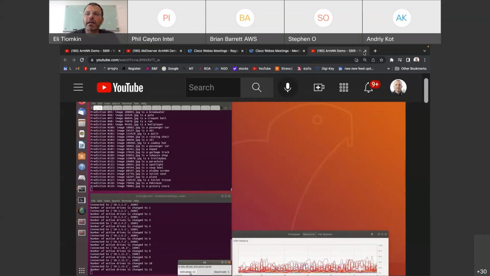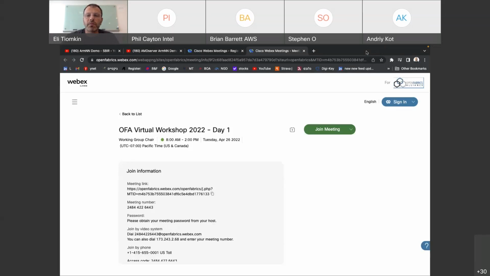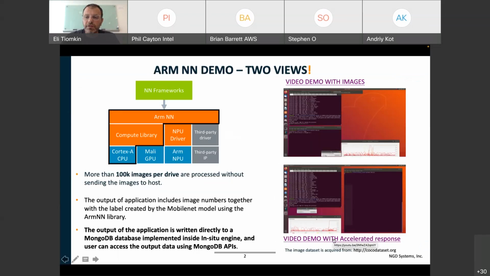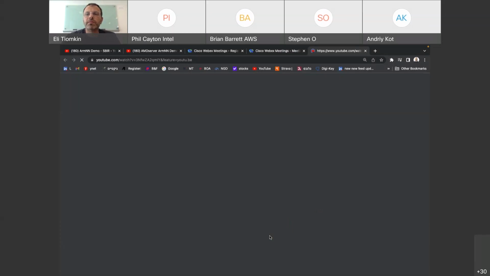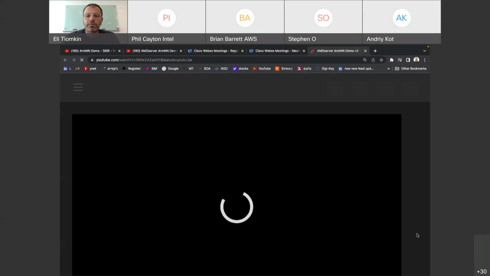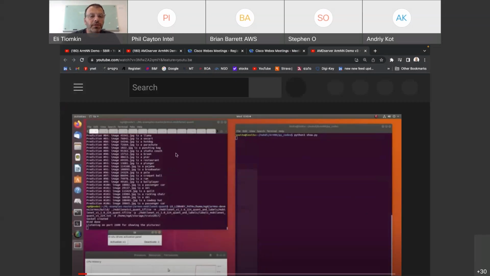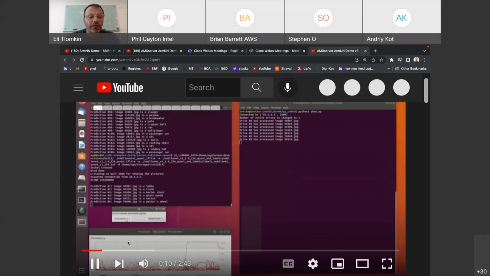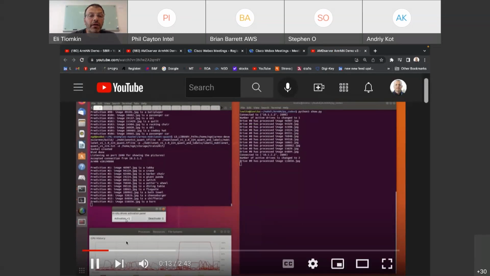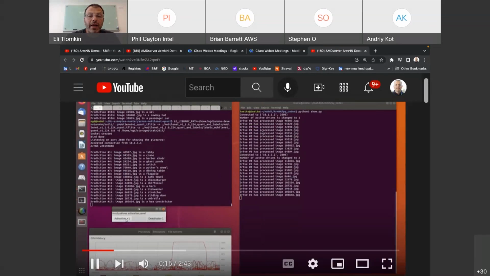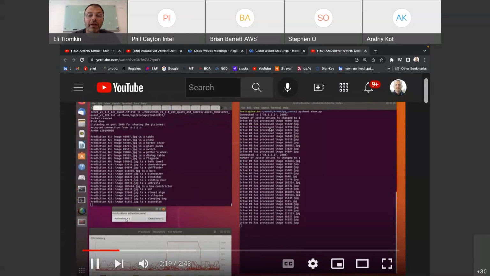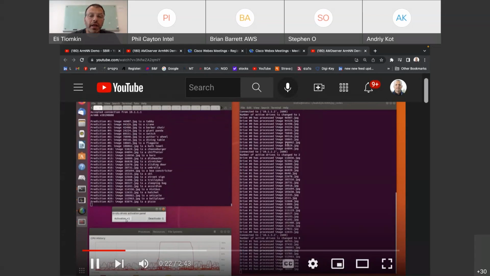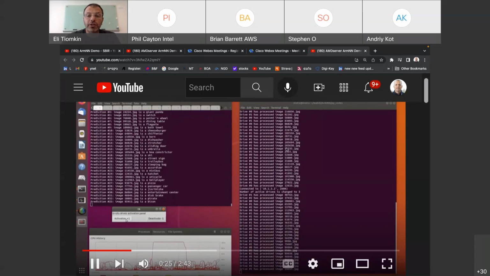If we go back now to the second video. Hold on, bear with me while it's loading. Okay, so here we have the same server. The CPU utilization is right here on the left side. And here we're actually summarizing the entire action that is happening on all the drives in parallel. The server is unable to show the images because there's too much going on.